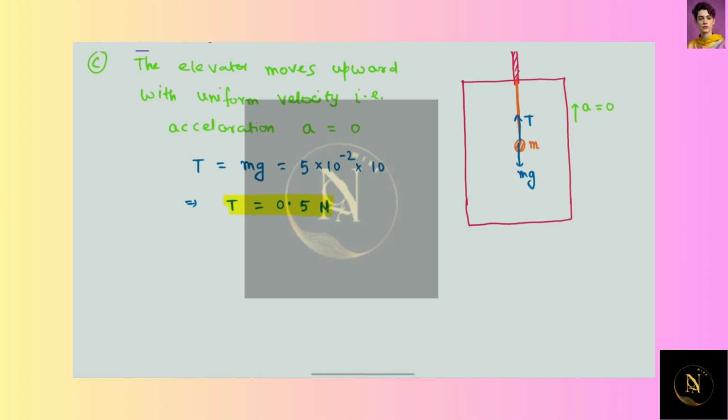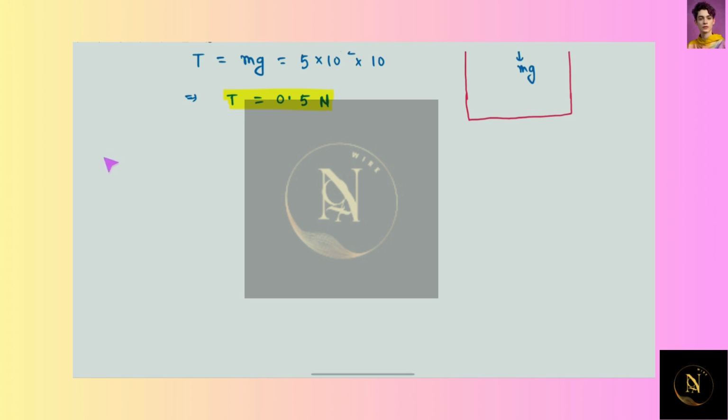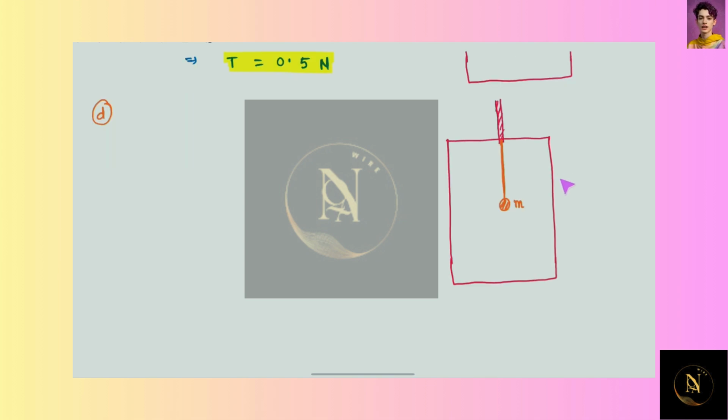Now whenever the lift or the elevator is moving upward with a uniform velocity. In part D of this question, it is given that the lift is moving downward with an acceleration of 1.2 meter per second square.